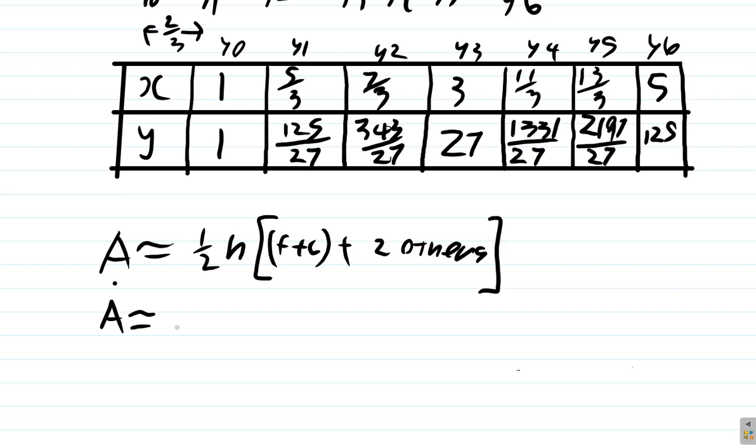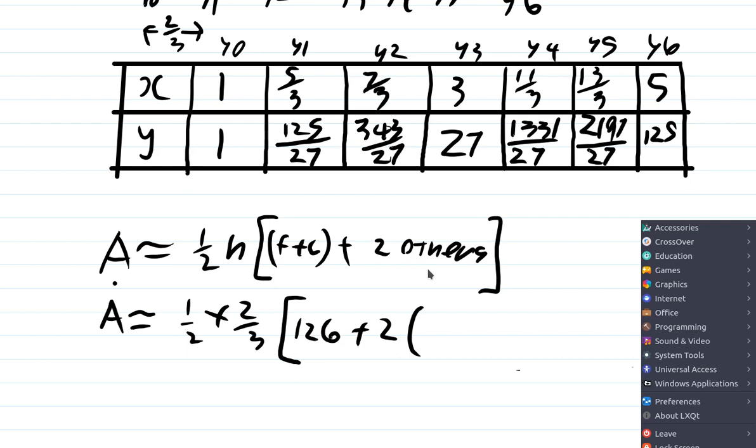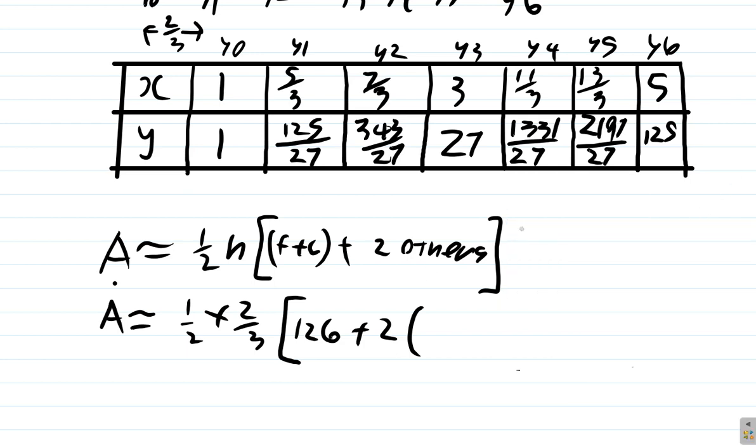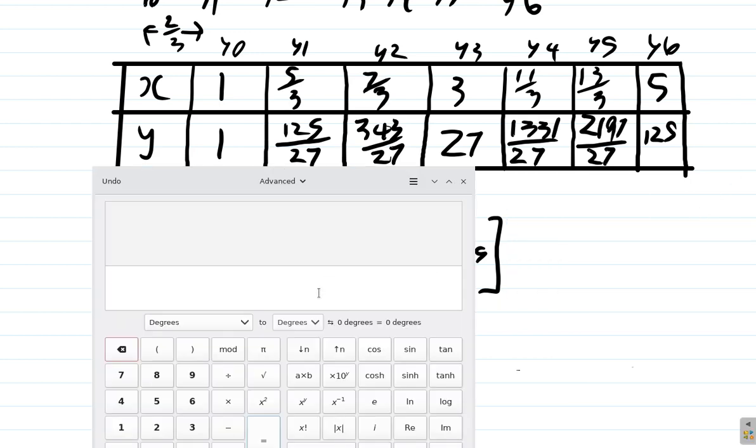So the area is approximately equal to half times, it was 2/3, times first plus last, which was 1 plus 125, which is 126, plus 2 times the sum of the rest of them. So let's use our calculator to get that sum there.